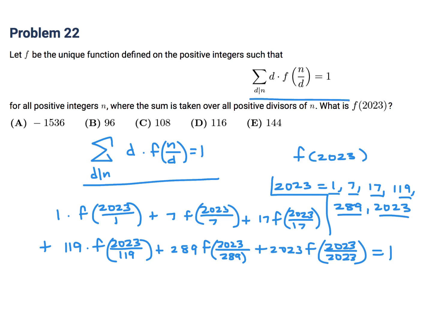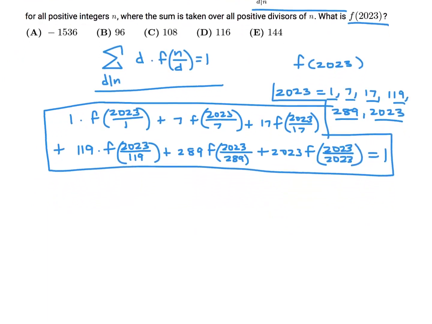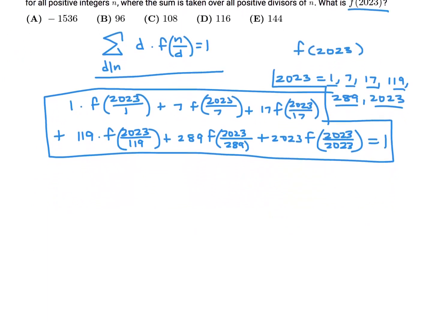Okay, so this is at the heart of what we're trying to do, but we have to figure out the actual numerical value of that. So how do we do that? What we have to do in this question is do a little bit of mixing and matching, meaning we've got to figure out values for others and then sub them back in. So first, let me clean this up a bit. This is going to be f at 2023 plus 7 times f at 289, when you do that fraction.